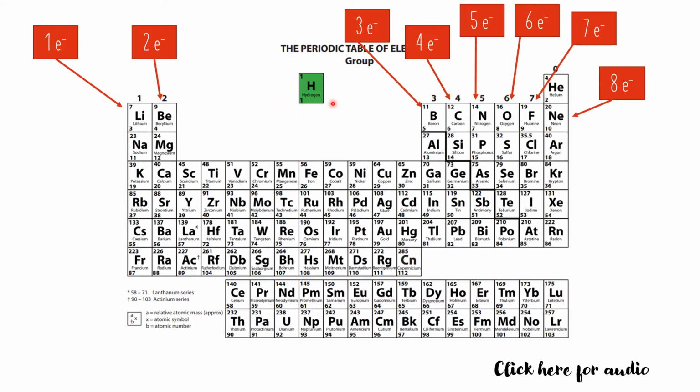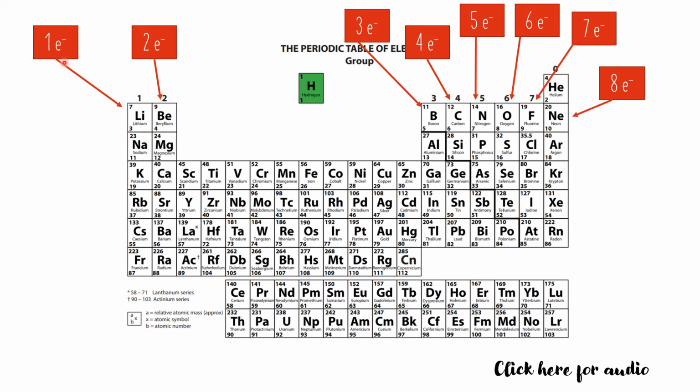And hydrogen in this periodic table is in the middle of the periodic table purely because it behaves like a group 1 metal, but it's not a metal. So it's in the middle, but you will see in some periodic tables hydrogen will actually be put in group 1 because it's got 1 electron in its outer shell, and because of that it behaves like the group 1 metals.